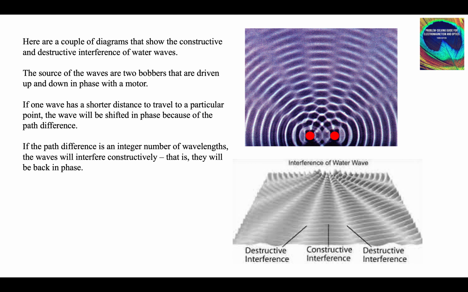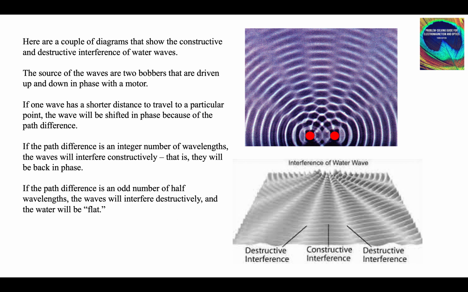If the path difference is an integer number of wavelengths, if they're shifted by exactly 2 wavelengths, they're going to be back in phase. They're going to interfere constructively. If there's an odd number of half wavelengths, the waves will interfere destructively. One will be high and one will be low, and they'll cancel each other out.